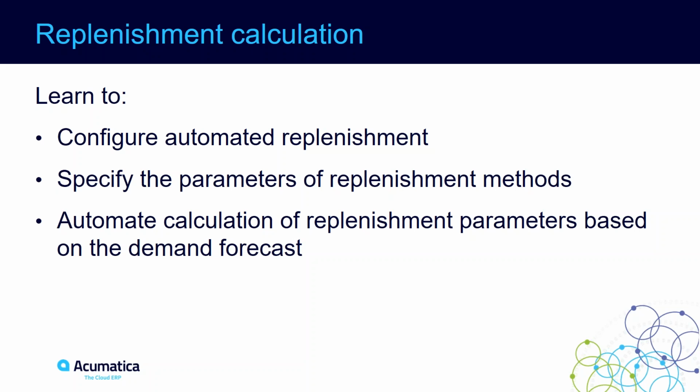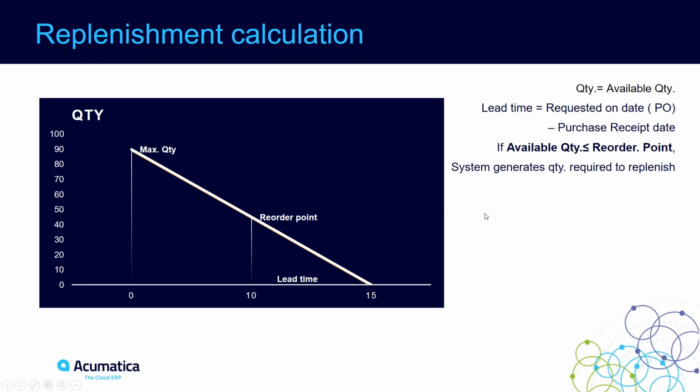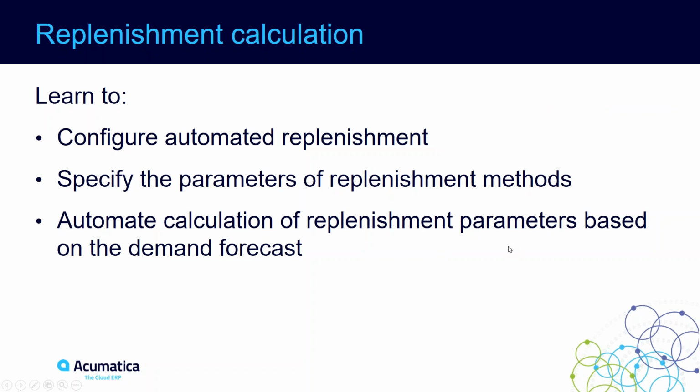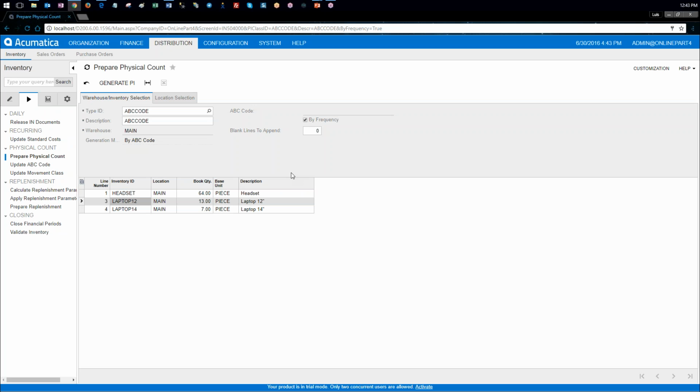Okay, so the first thing that we have to do is to configure. No, let's not jump into the formula yet. Let's go to the application and let's create our replenishment information.